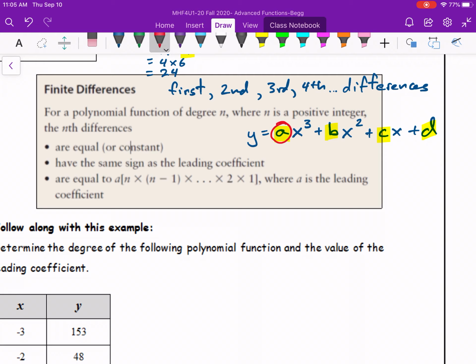A times n times n minus 1 times etc. down to 2 times 1, that's just equal to n factorial. And so this can be rewritten as A times n factorial. So the constant differences are going to be equal to A times n factorial.